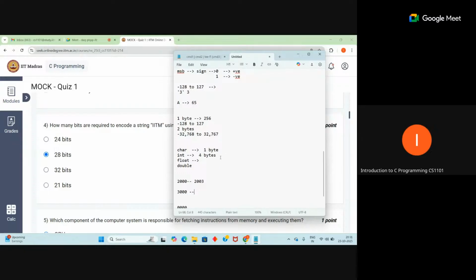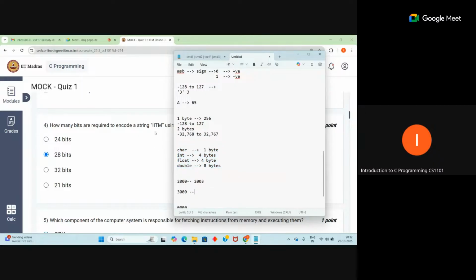For an integer, it will automatically allocate 4 bytes of memory. A float will also take 4 bytes. If we represent our data using a double data type, 8 bytes will be allocated to you. So based on which type of data we are representing, it will allocate the memory.